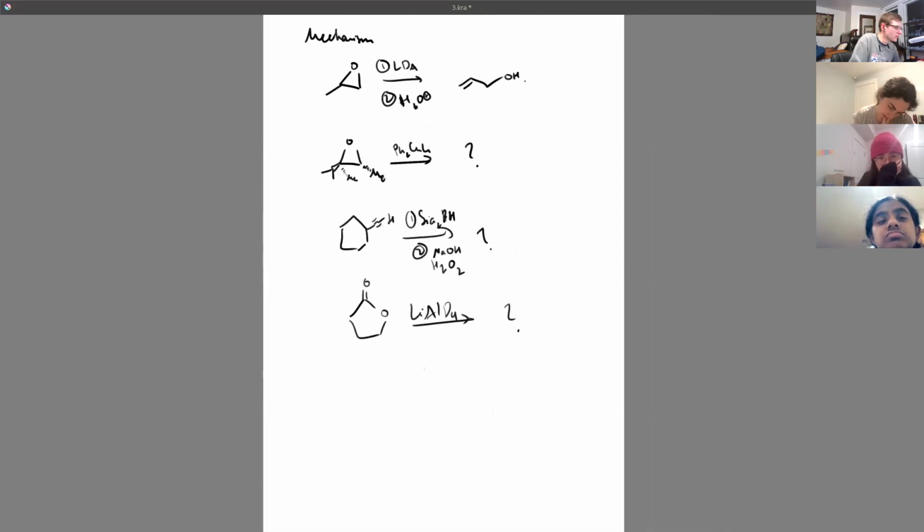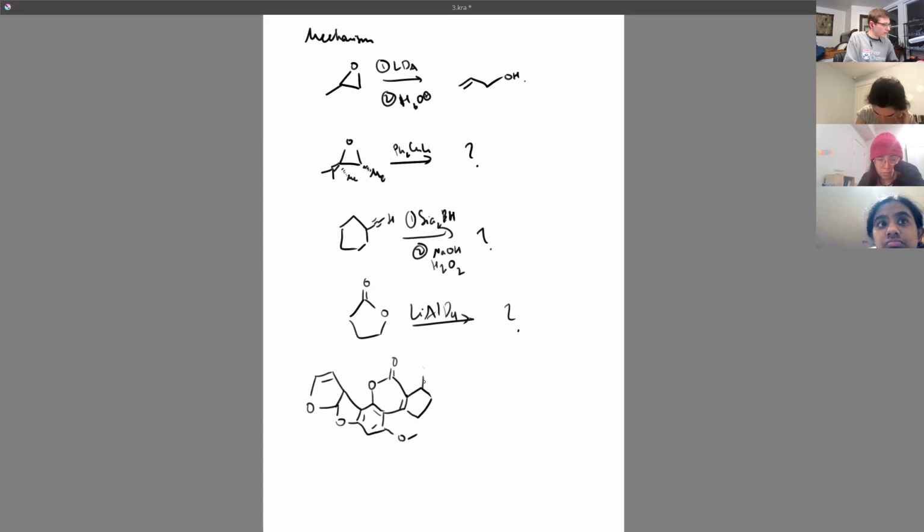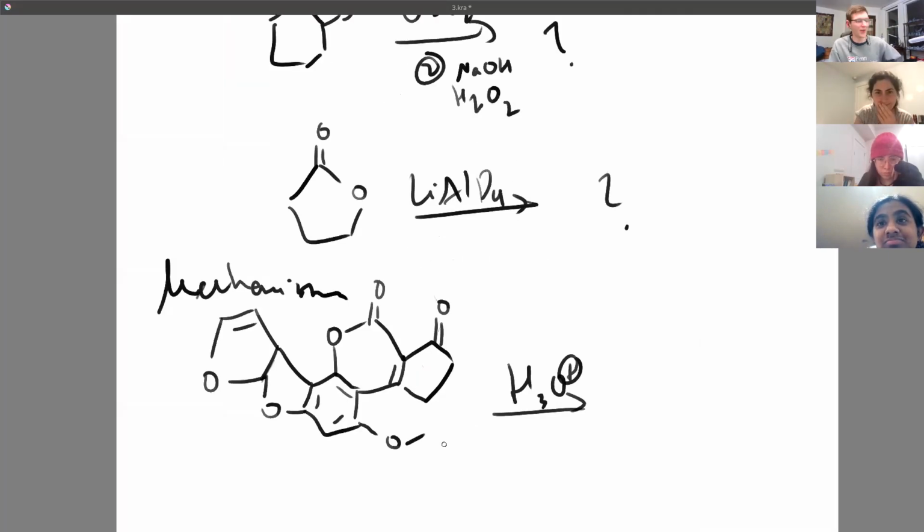And now let me write down the monster, which is huge. We're going to start with you always know it's a nasty mechanism problem when it's a huge molecule and they give you H3O plus.